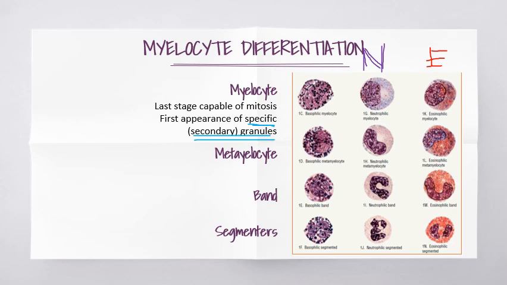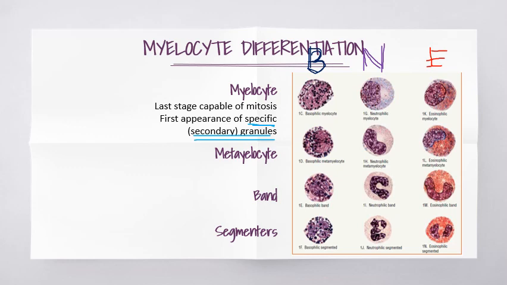While basophils produce large, coarse granules that will also cover the nucleus. Okay, so that's the special feature of basophil. The granules will also cover the nucleus, in contrast to the eosinophil and neutrophil, which are limited only to the cytoplasm. Okay, so that's how you differentiate.